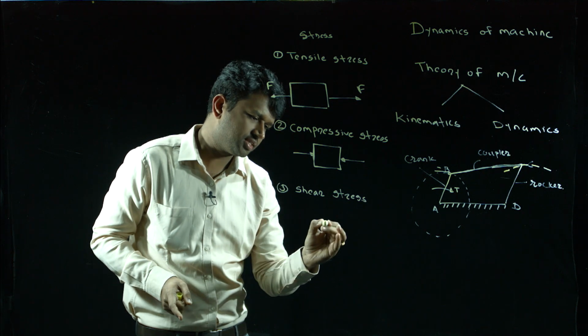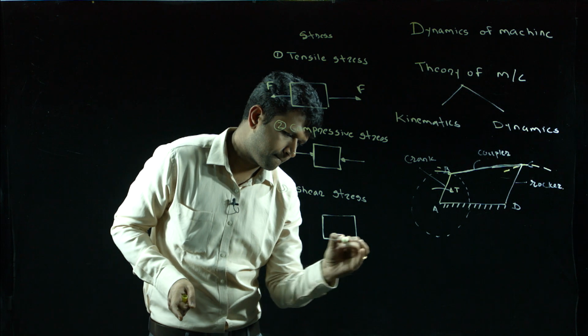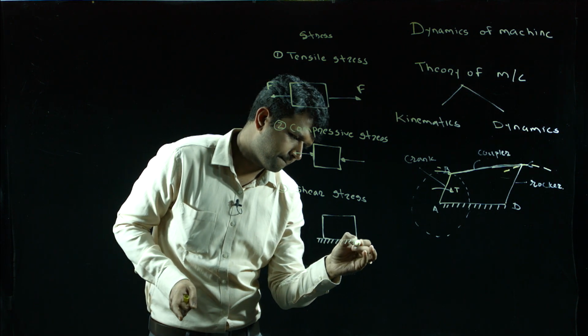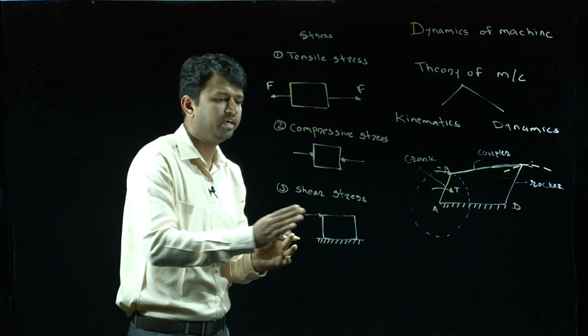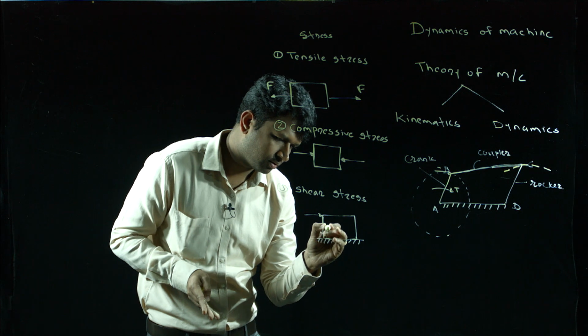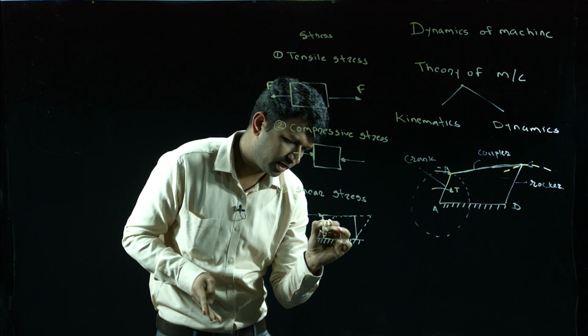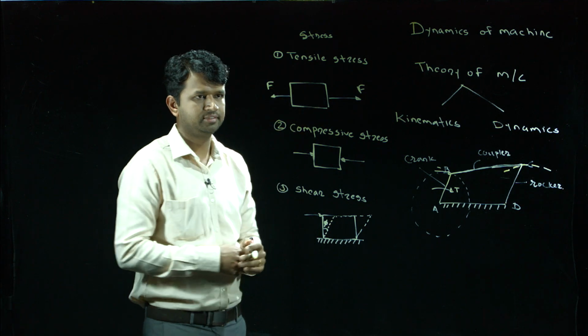Now in case of shear stress, suppose the body is fixed, and you are applying a tangential force, due to which this body will get deformed. Likewise, and that shear stress will be defined by the parameter phi.